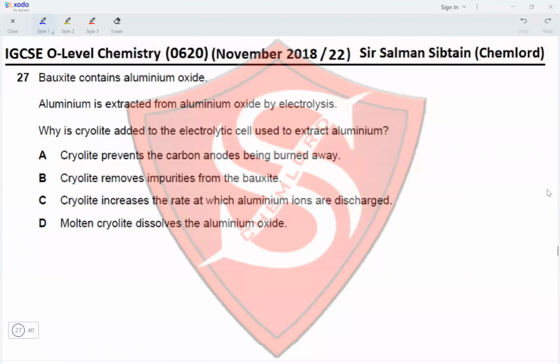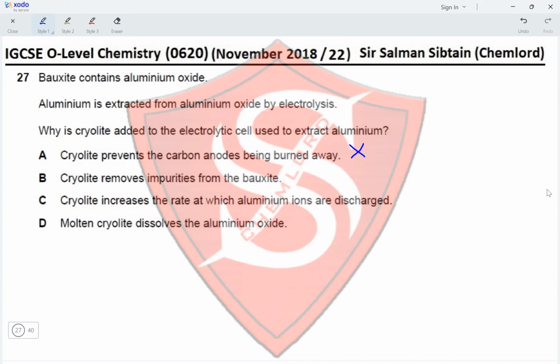Question 27. Bauxite contains aluminum oxide. Aluminum is extracted from aluminum oxide by electrolysis. Why is cryolite added to the electrolytic cell used to extract aluminum? Cryolite prevents carbon anodes being burnt away? No, it does not. Cryolite removes impurities from bauxite.